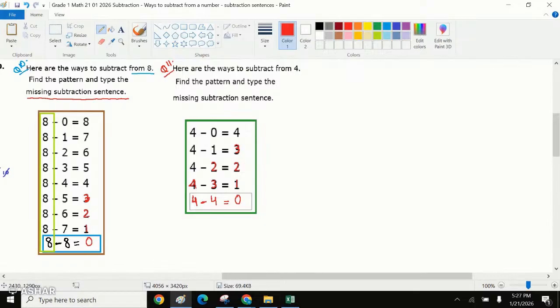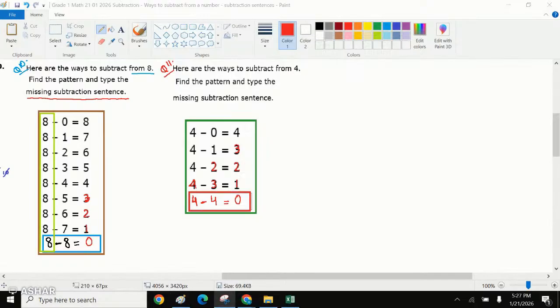So if you subtract the same number from itself, we would be always left with a 0. Agreed? The answer we will have is 4 minus 4 is equals to 0. Thank you. Okay. Not too difficult, but we need to practice more.